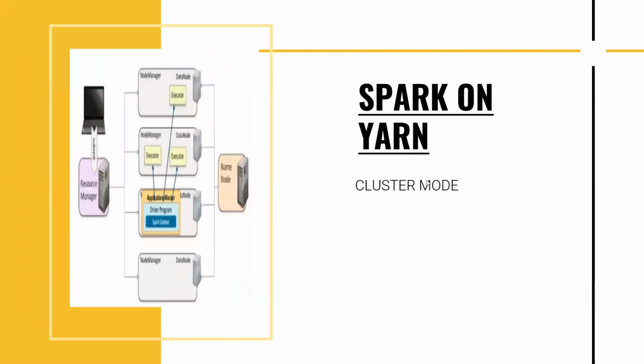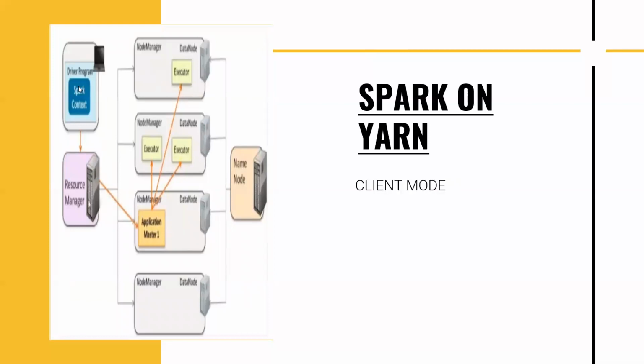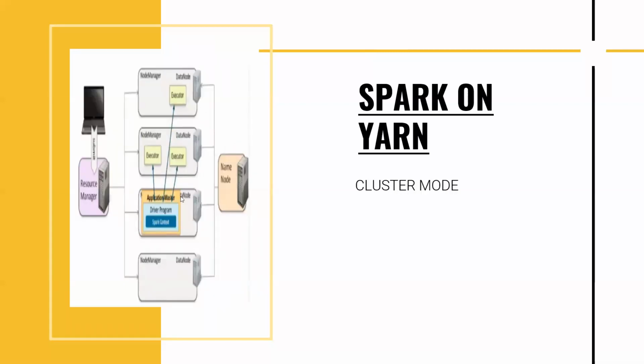So cluster mode is opposite to the client mode. If you're submitting a job from the client machine, you don't need to be alive all the time. Your job is submitted, you can exit, close your laptop or exit the terminal, and still your job will run, because if you see in the existing slide, the Spark context is in the client machine, but here the Spark context is on the cluster itself.